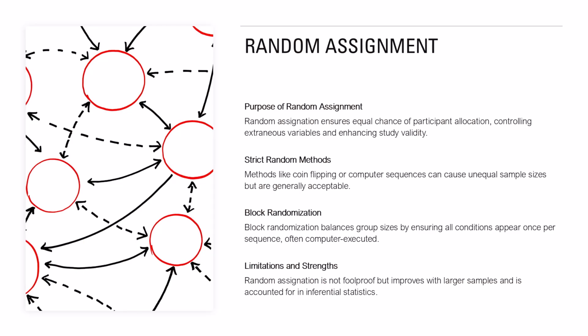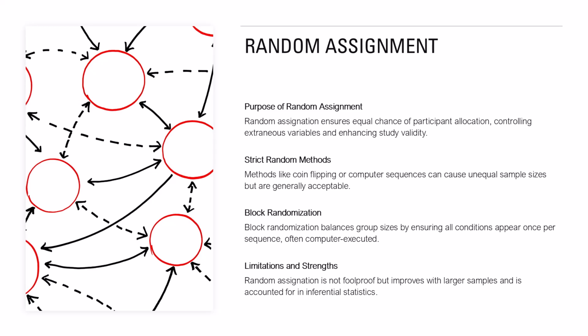Random assignment is a critical component of experimental research, ensuring that participants are equally likely to be assigned to any condition. This process helps control for extraneous variables and enhances the internal validity of the study. Strict random assignment methods, such as coin flipping or computer-generated sequences, can result in unequal sample sizes, which are generally not problematic.